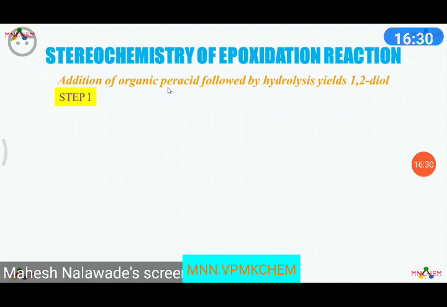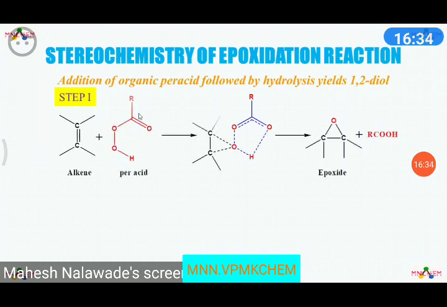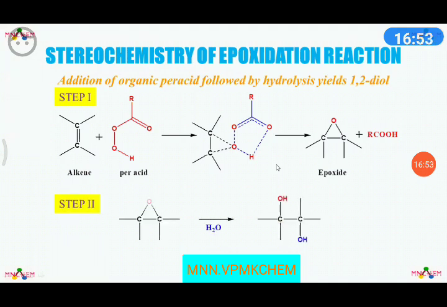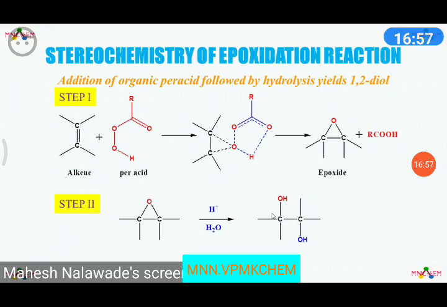In step 1, alkenes are added to peracid through this 5-membered cyclic transition state, and an epoxide is formed. Carboxylic acid will be the byproduct in the reaction. In the second step, the acid hydrolysis of epoxide gives 1,2-diol as the product.